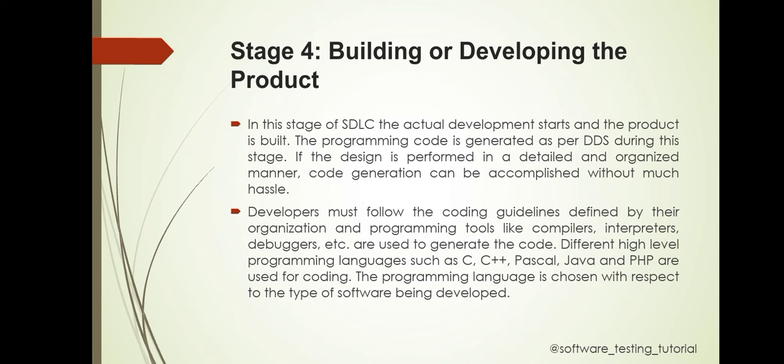Developers must follow the coding guidelines defined by their organization, and programming tools like compiler, interpreter, debugger, etc. are used to generate the code. Different high-level programming languages such as C, C++, Pascal, Java and PHP are used for coding. The programming language is chosen with respect to the type of software being developed.